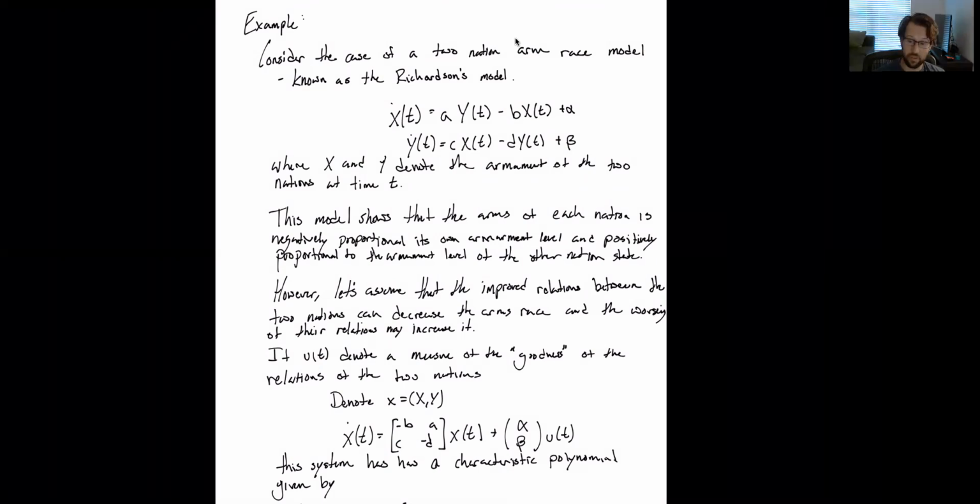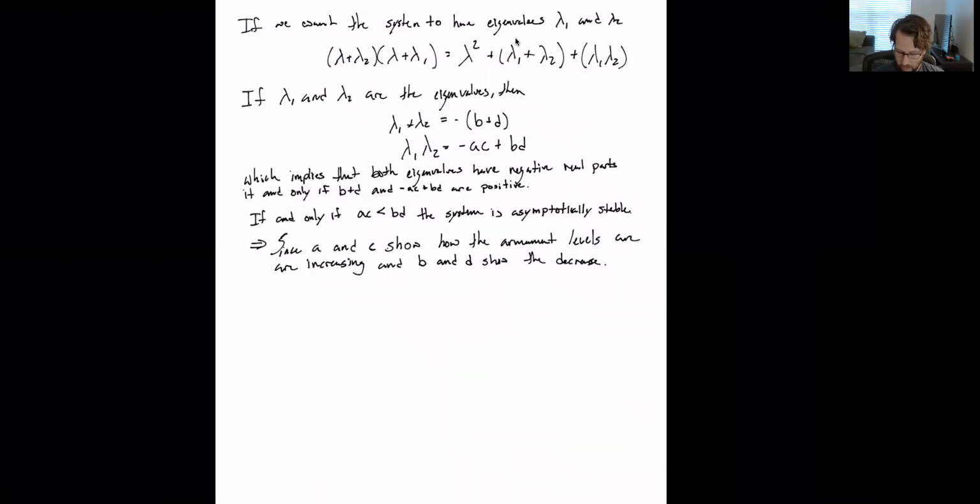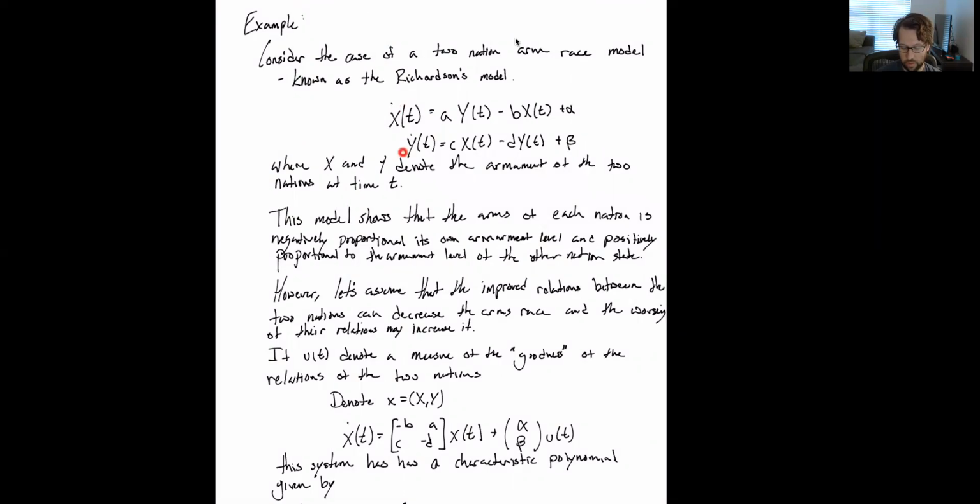Now, if this is not true, due to the fact that this is an if and only if statement, so it's bidirectional, and there's no change in these parameters, then this is not asymptotically stable. So it'll either explode, or it is just stable.